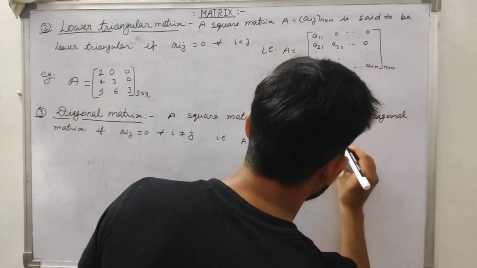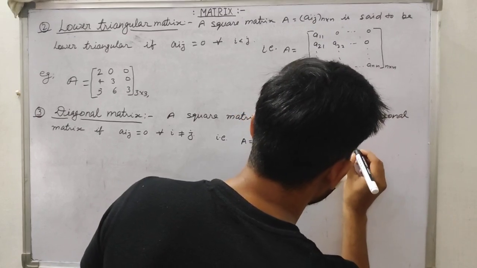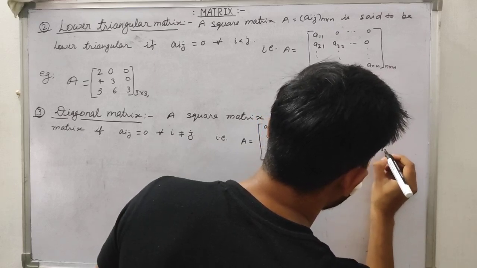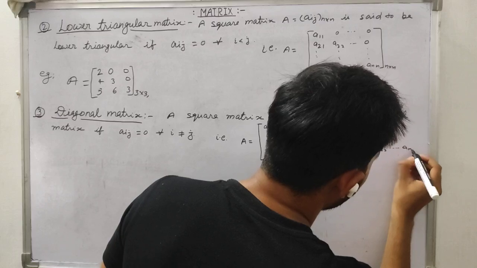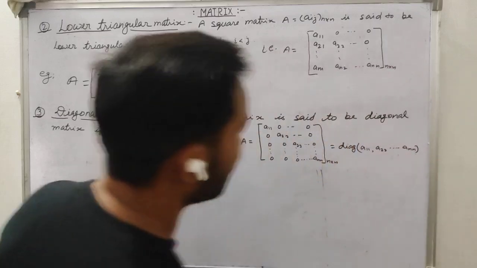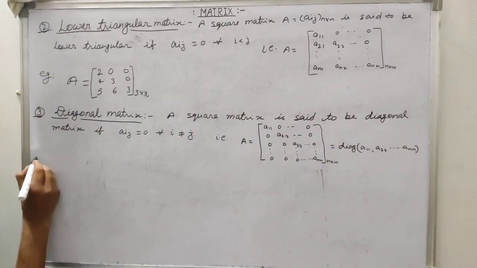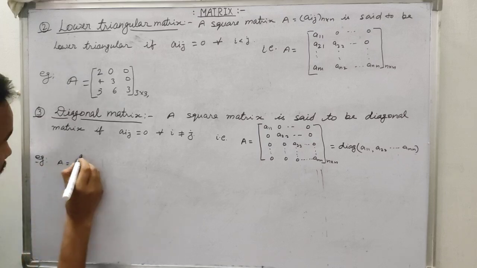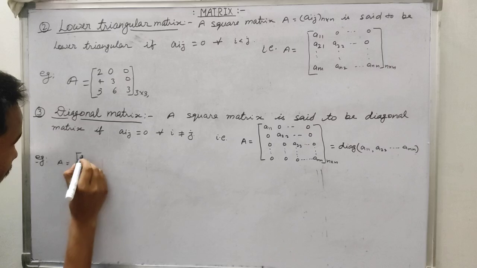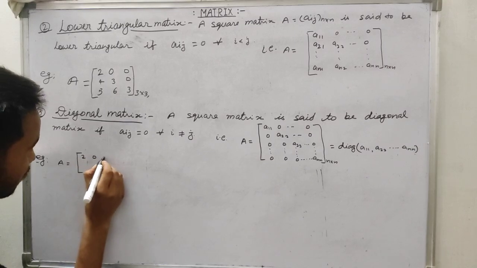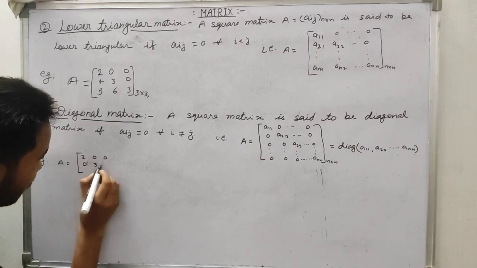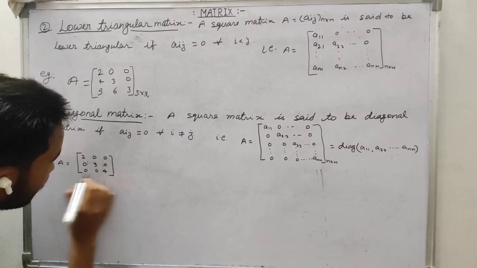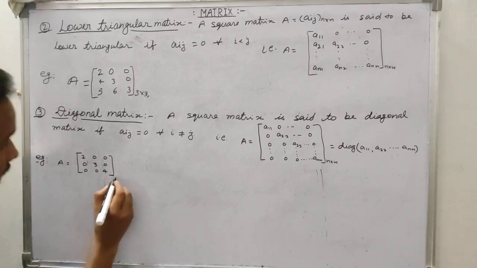This is also denoted by diagonal A11 A22 ... Ann. Example: A is equal to 2 0 0, 0 3 0, 0 0 4. This is 3 cross 3.